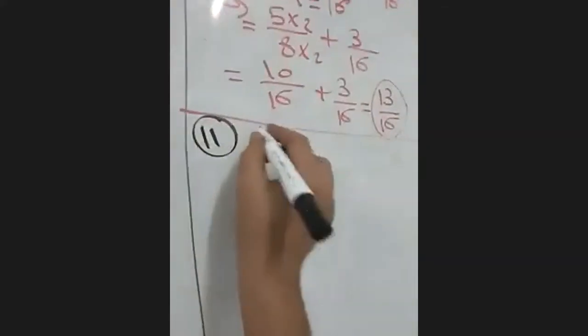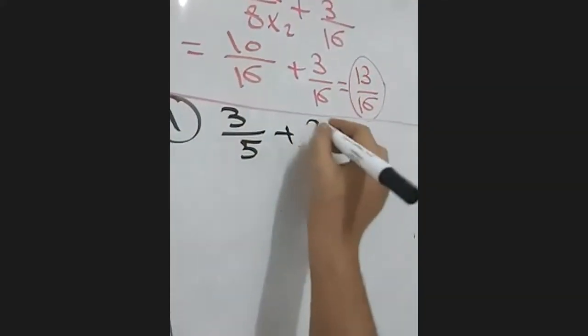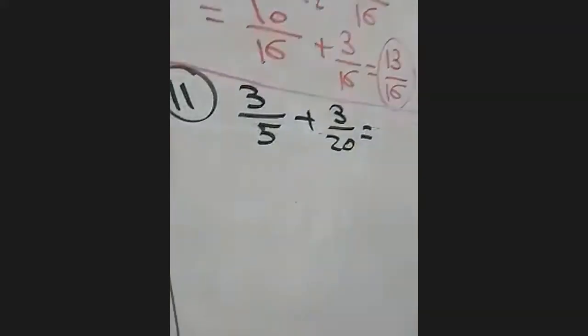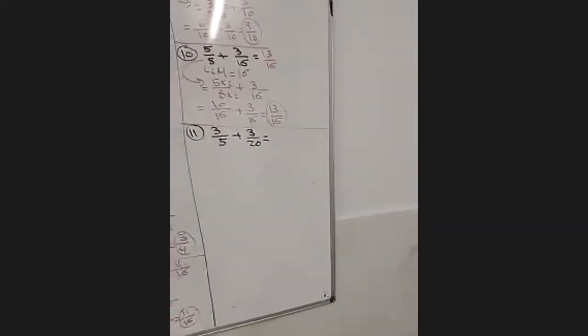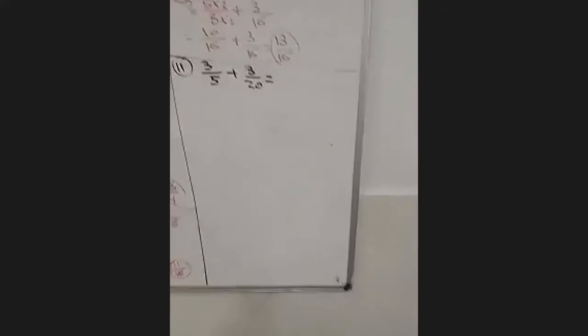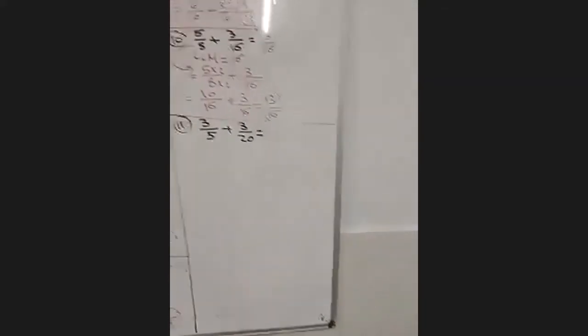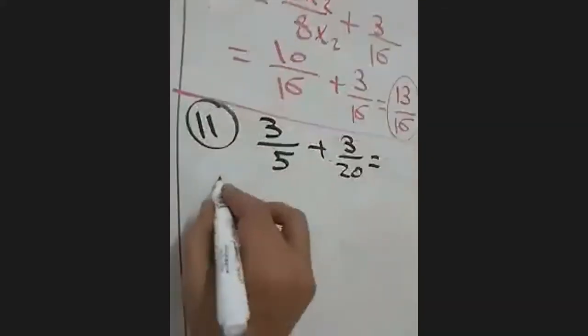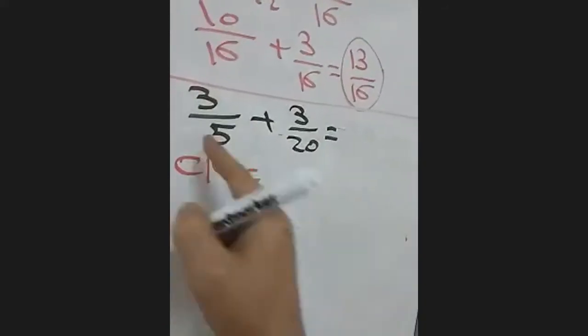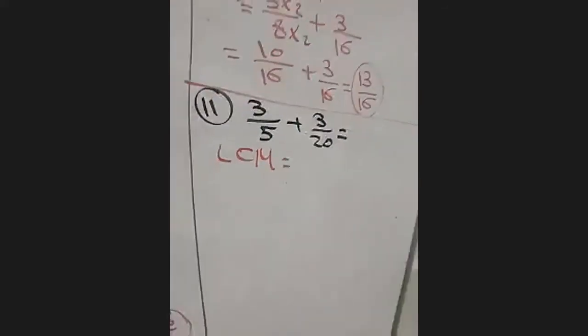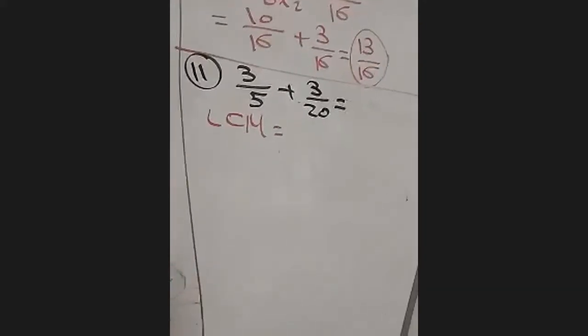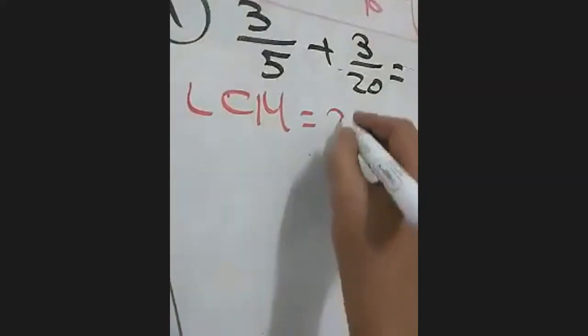3 over 5 plus 3 over 20. First, we need to find the least common multiple to make the denominator the same. What is the least common multiple of 5 and 20? It is 20, right?